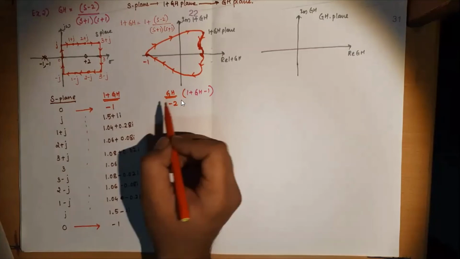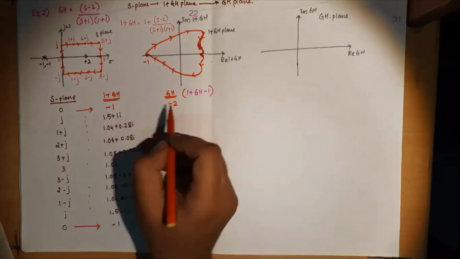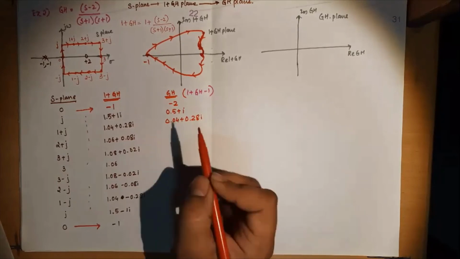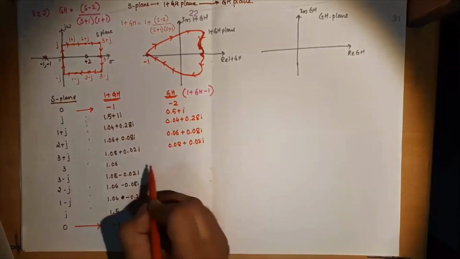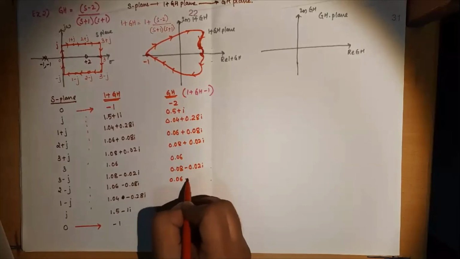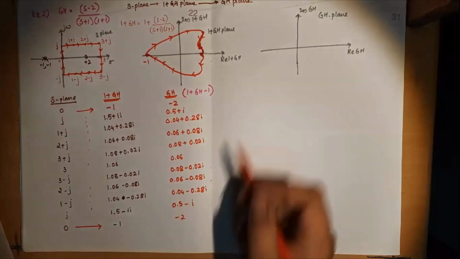Which is also -1 minus 1 equal to -2, subtracting -1 from -1. So this is what we get. Subtract 1 from all the points. Cross verification can be done by yourself.